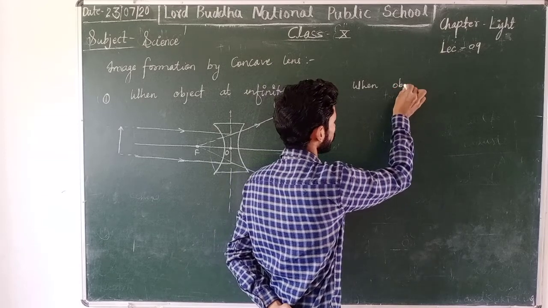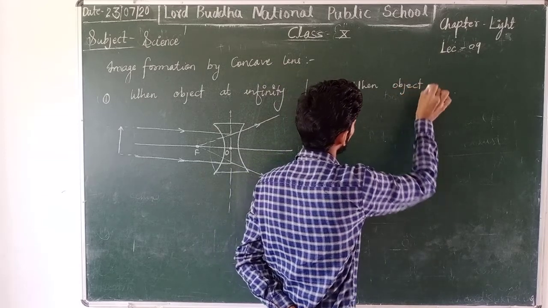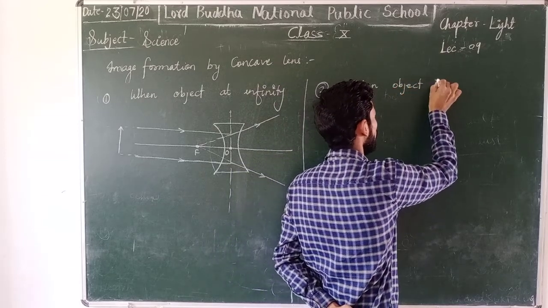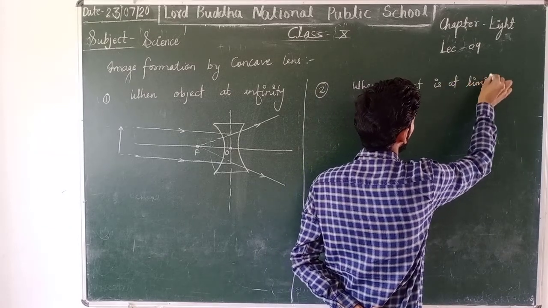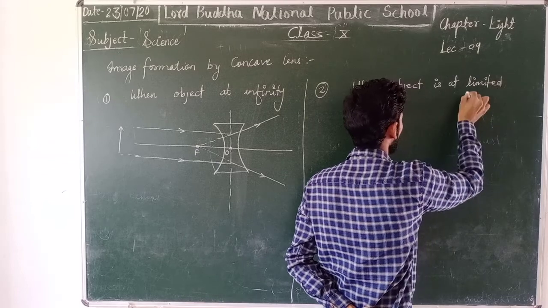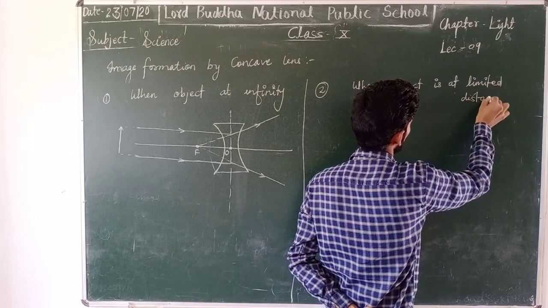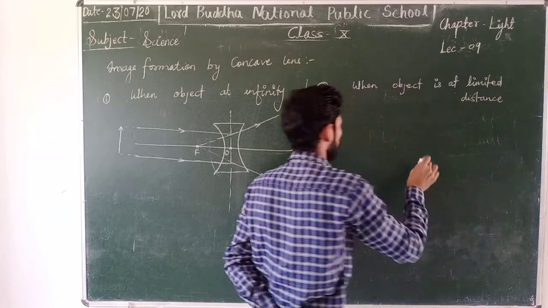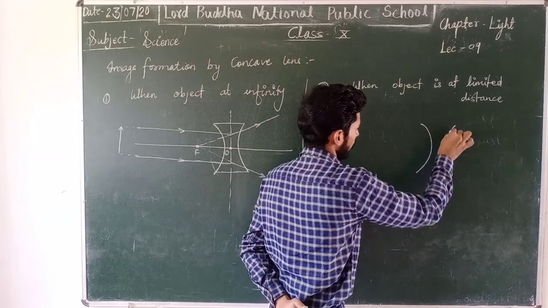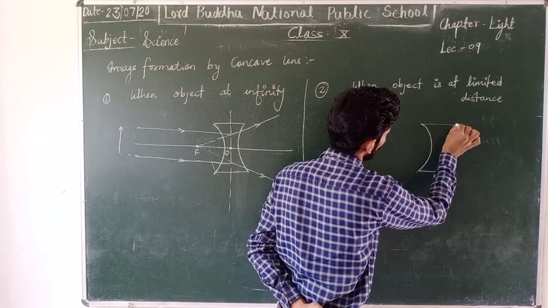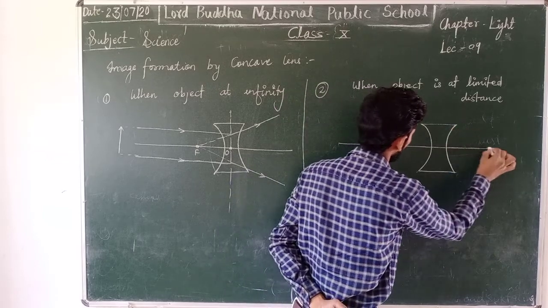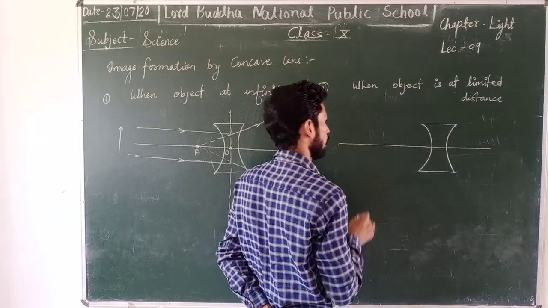Case number second, when the object is at limited distance. Now this is the concave lens, and draw the principal axis.